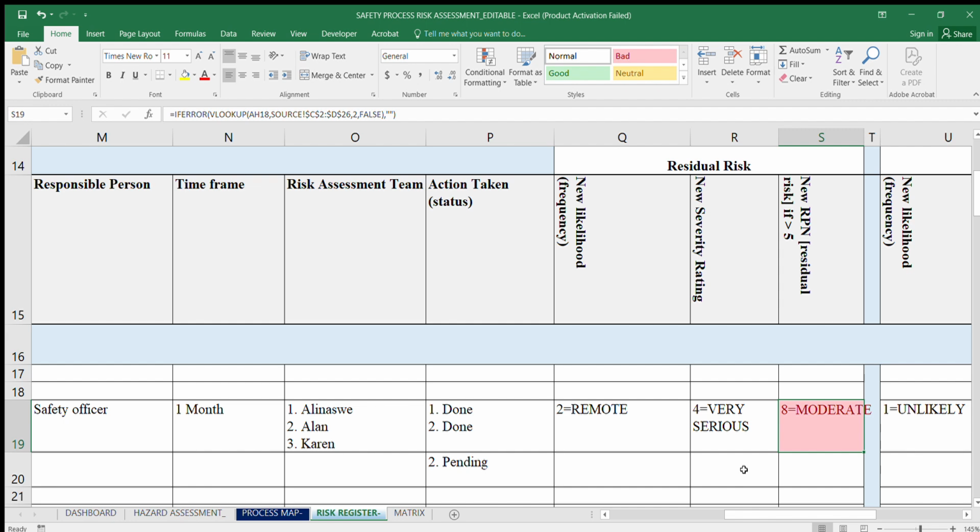But there are certain instances where you haven't implemented, and during the period from the time you did your initial risk assessment to the time now where you are reviewing, you discover, after reviewing your incident management, that this particular scenario has happened twice or 3 times.